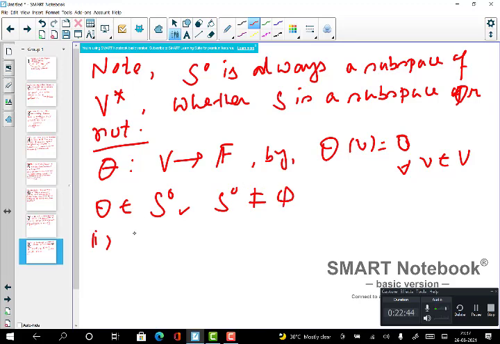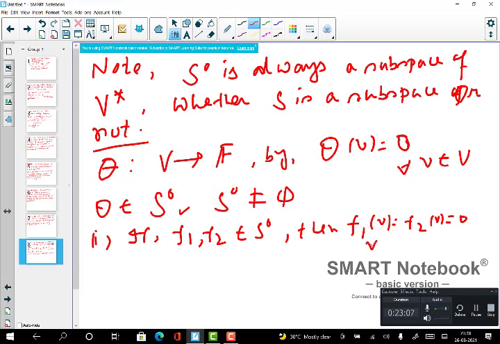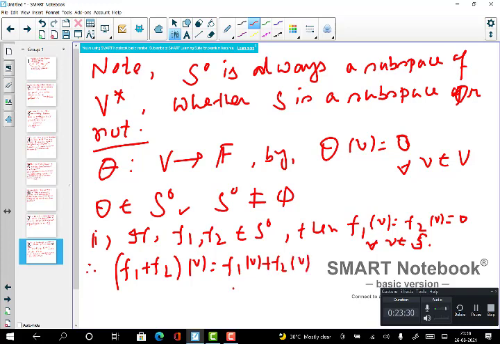Then if we choose two elements f1 and f2 belonging to S naught, obviously f1(v) equals f2(v) equals 0, and that is true for all v belonging to S, capital S. So if you add these two, (f1 plus f2)(v) will be f1(v) plus f2(v), which is 0.